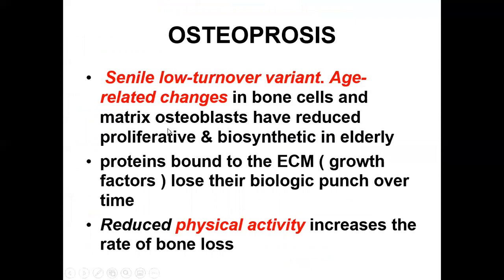Senile osteoporosis is called the low turnover variant. So, age-related changes in the bone cells and matrix: the osteoblasts, the bone forming cells, are deficient in proliferation and biosynthetic activity in the older age group.